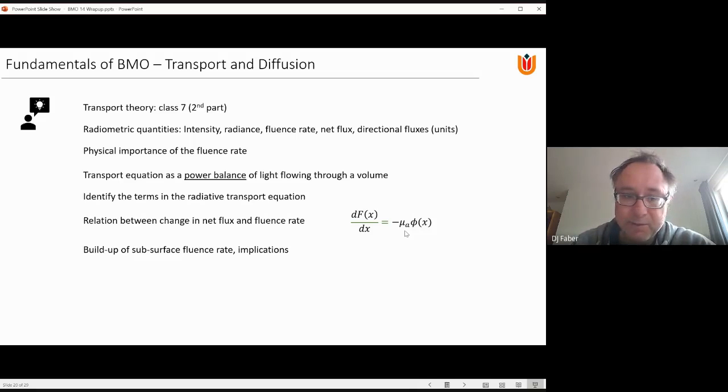Another important result was that you can have a subsurface buildup of fluence rate, because if you illuminate the surface, then just below the surface there are actually two contributions. One contribution is from the incident light itself, and another is coming from deeper inside the tissue.